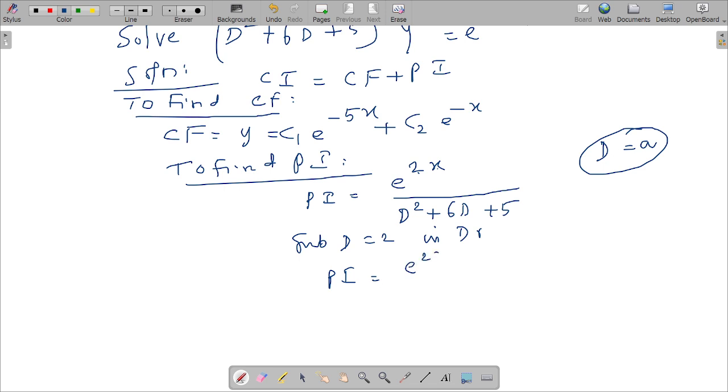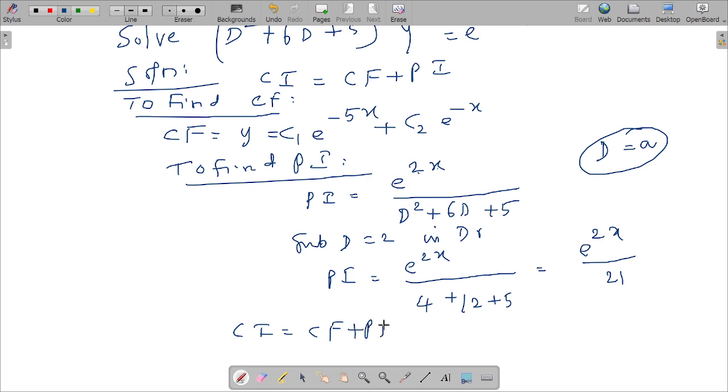the particular integral equals e power 2x divided by, substituting d equal to 2, 2 square is 4, plus 12 plus 5. So that is e power 2x divided by 21. This is the particular integral. Then finally the complete integral equals complementary function plus particular integral.